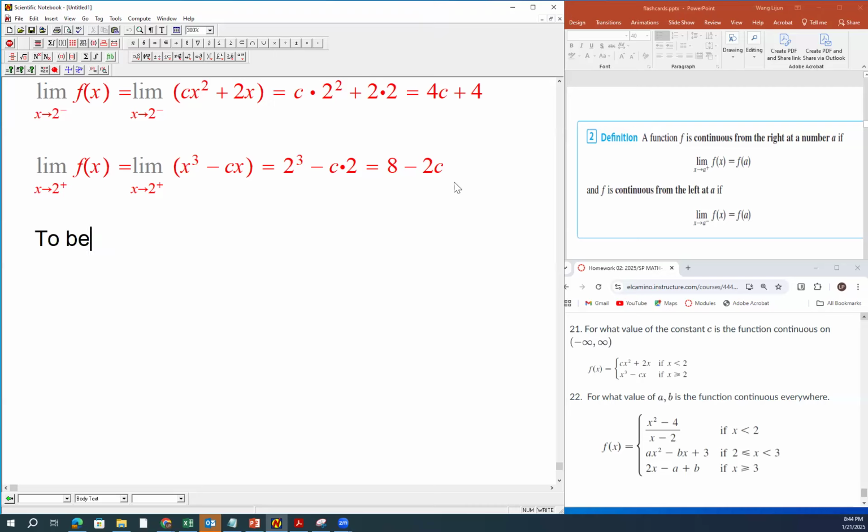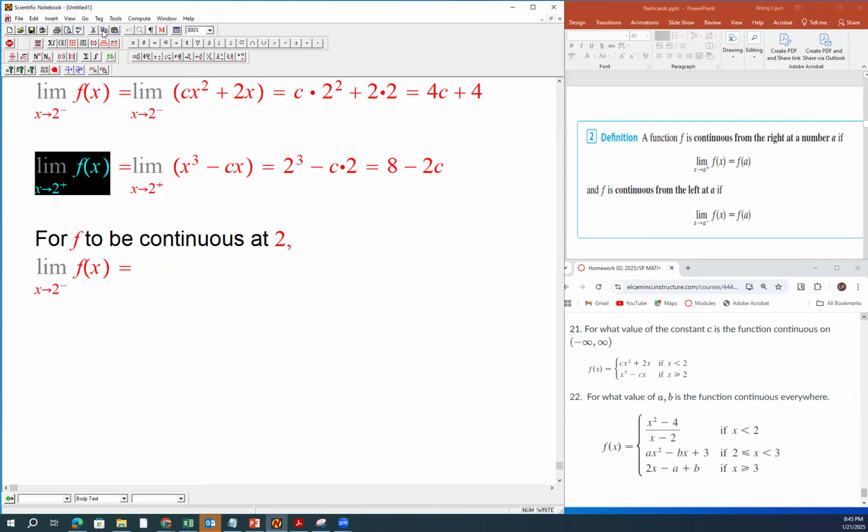For f to be continuous at 2, these two must be the same. The limit from the left must equal the limit from the right. This must be true.